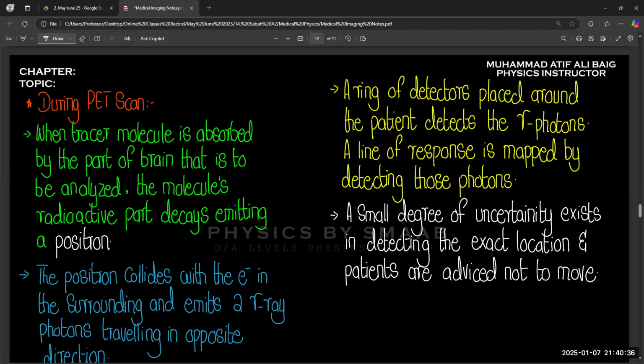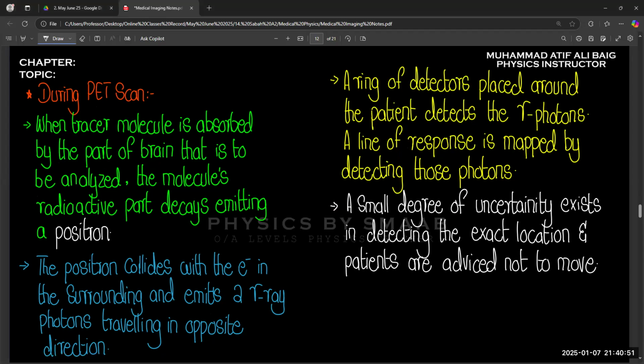So this is the whole scenario for the PET scan. It is simple and similar to the CT scans that we discussed. It passes through one side and then is detected on the other side, but the particles we are using are different as compared to the other.